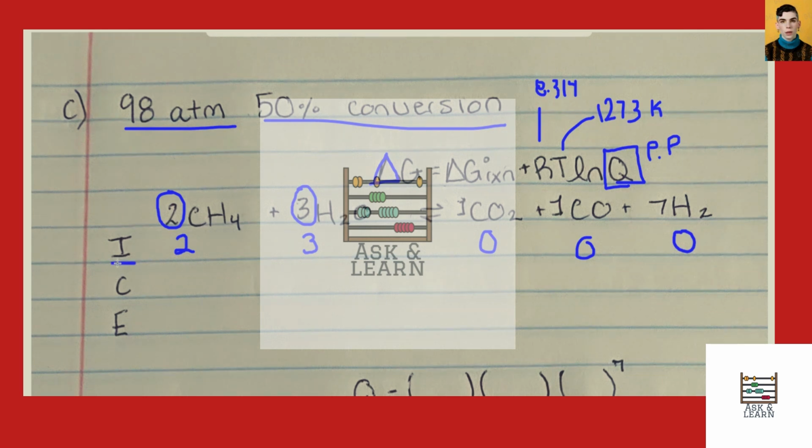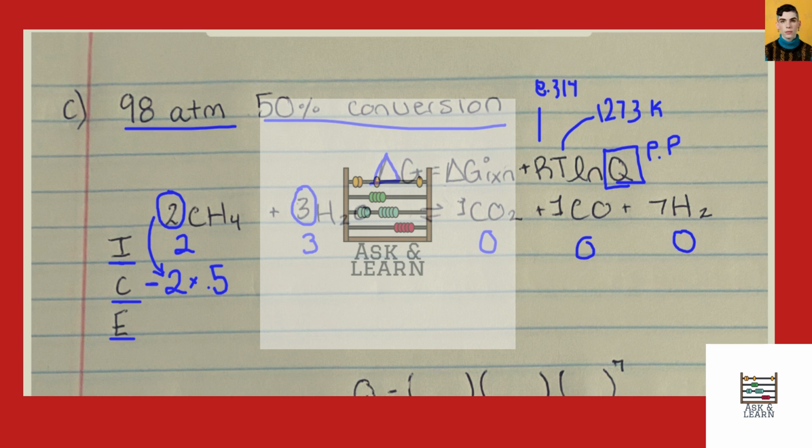The change, so I is initial, C is change, and E is equilibrium. So the change is 50%. And you want to make sure you always apply the stoichiometric ratio to this change. So we know it's 50%, so we're going to say 2, which is the stoichiometric ratio, times 0.5, which is 50%, and this will be subtracted.